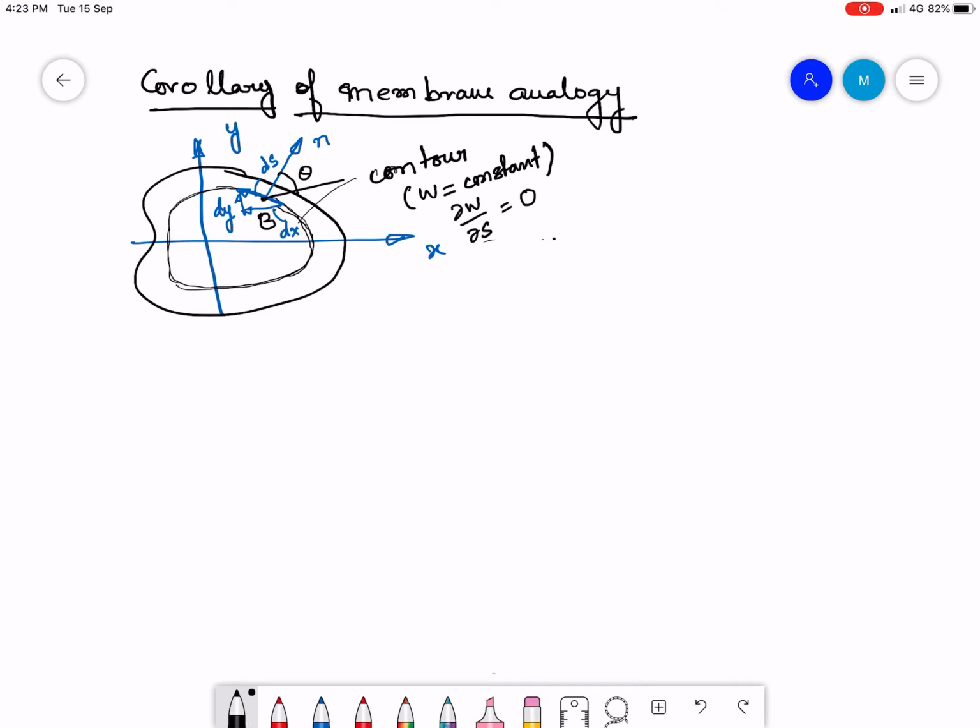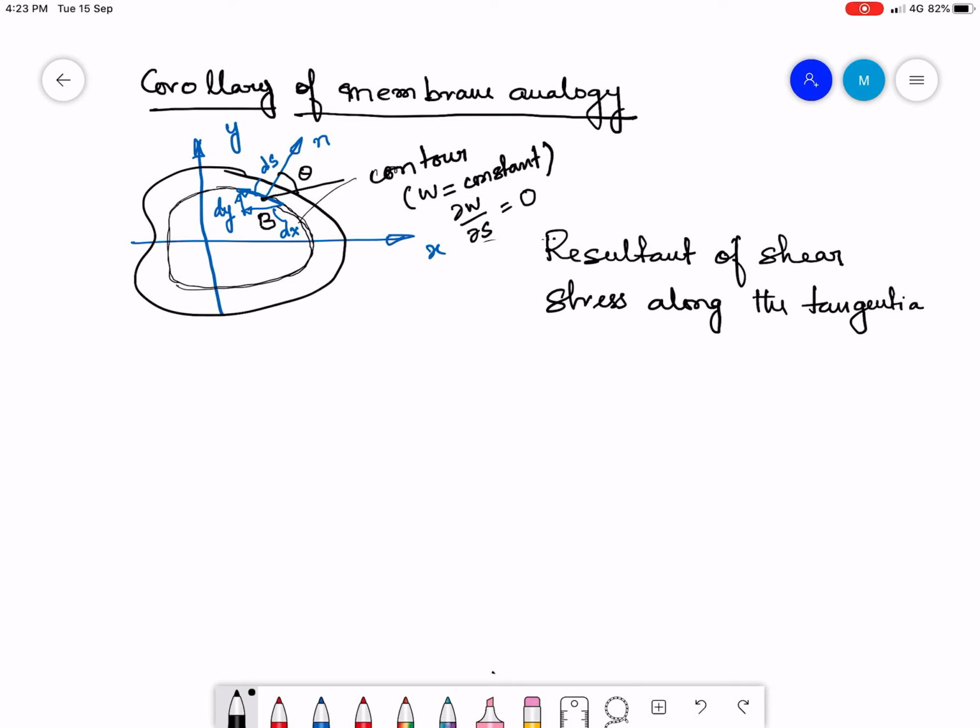So, let me try to find out the resultant of shear stress along the tangential direction of the contour.